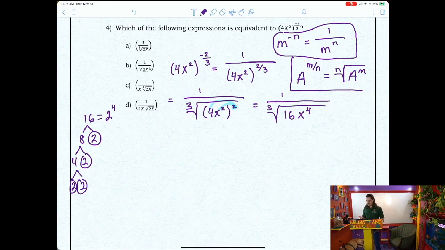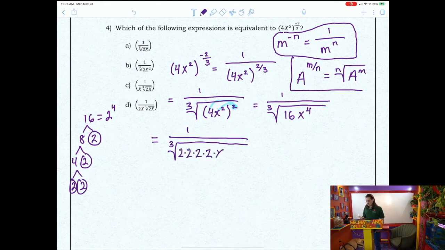If it helps, you can always write them out. So this is the same thing as the third root of 2 times 2 times 2 times 2 times x times x times x times x. Because there's 4 2's, 16 is 2 to the 4th power, and x to the 4th is x times x times x times x.